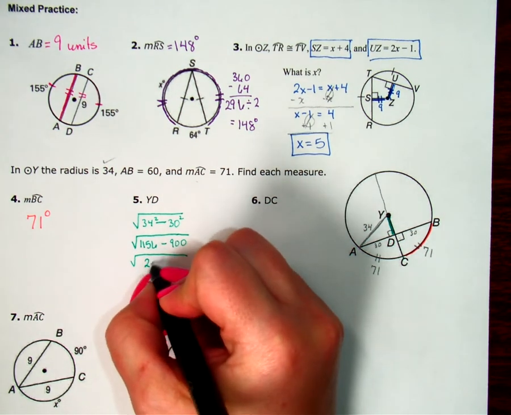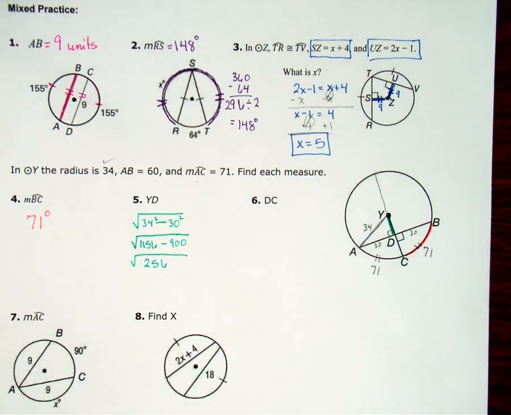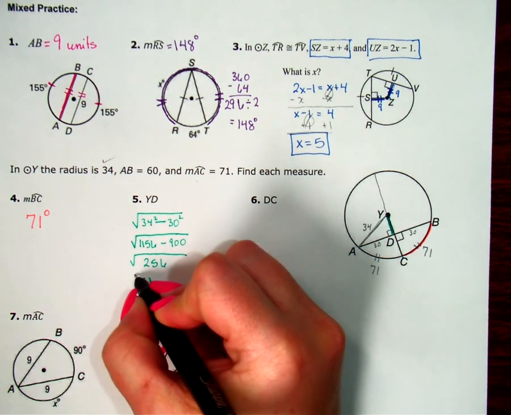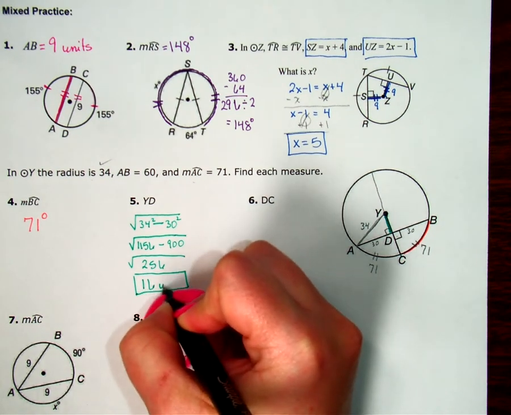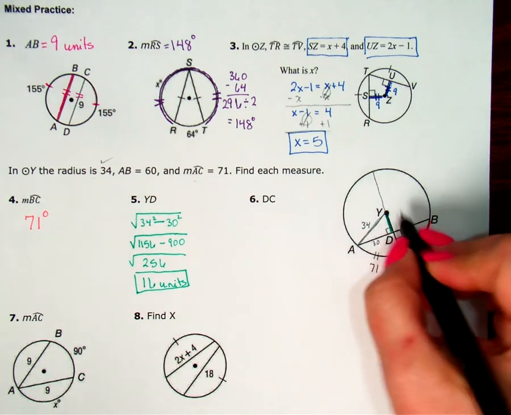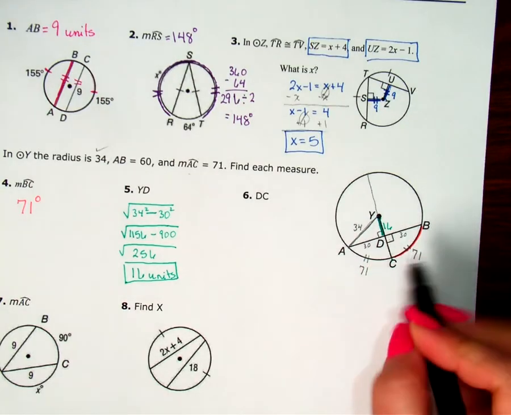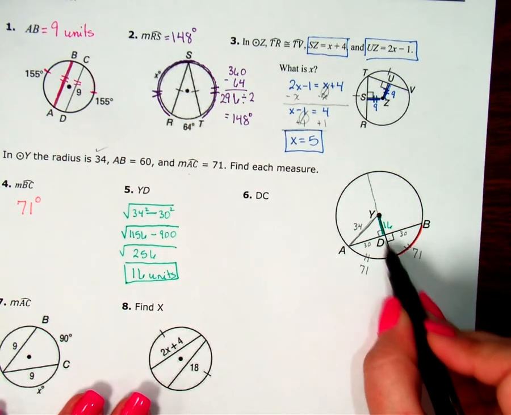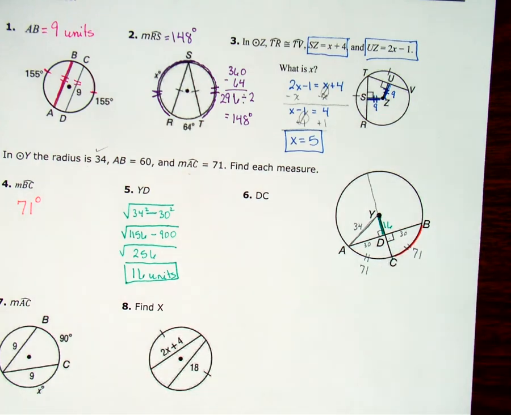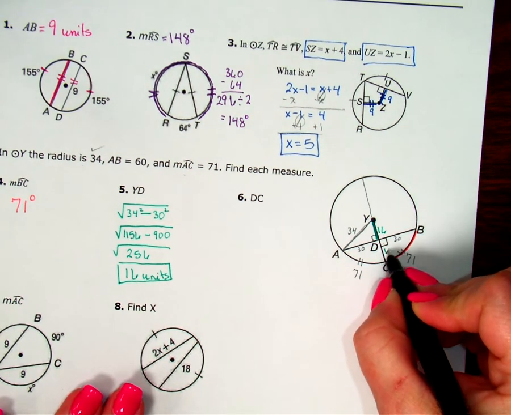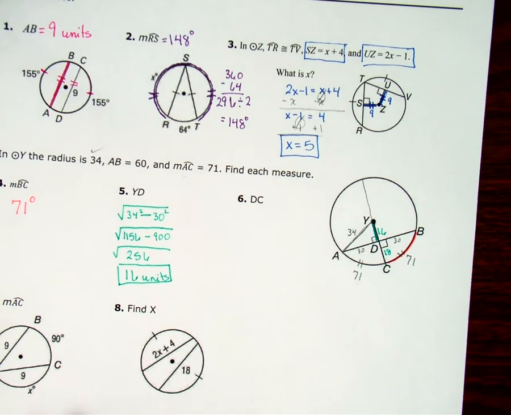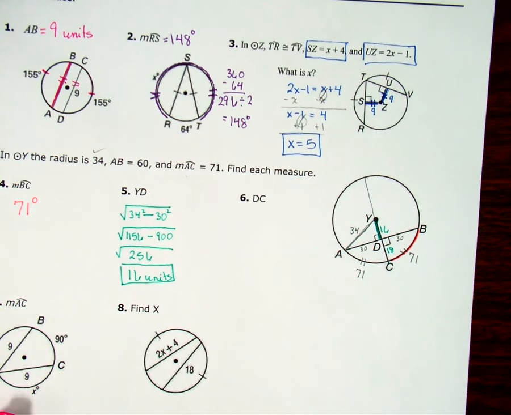That's 256. The square root of 256 is 16. We don't have any units, so I'm just going to say units. So this piece here is 16, which means this piece here, 34 minus 16, is actually 18. We would have gotten 17 if we just divided the radius in half, and we would have been wrong because it's not dividing that radius exactly in half.